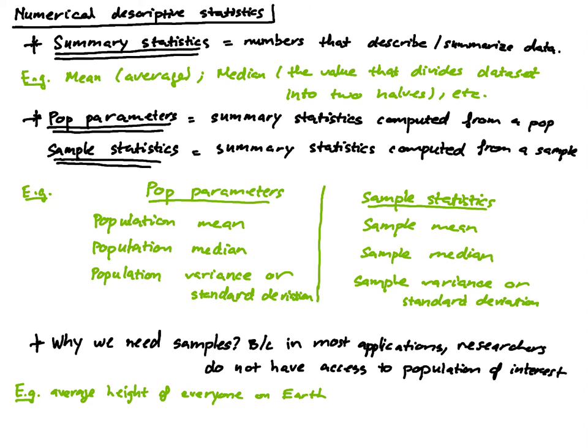The problem with this is that we can't collect heights of roughly 7 billion people. Right? Technically, you could go around the world, measure the heights of 7 billion people, and take the average. But that is a time consuming process, and so it's not feasible.